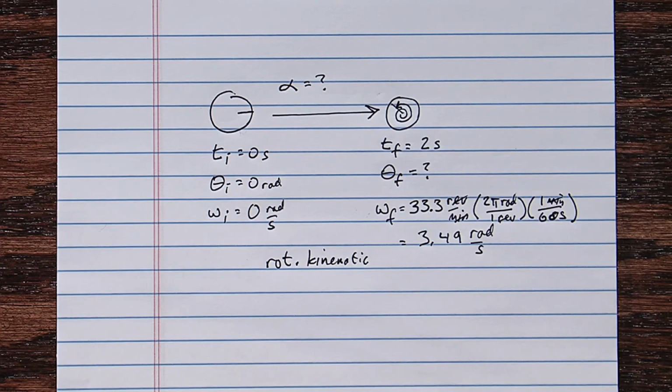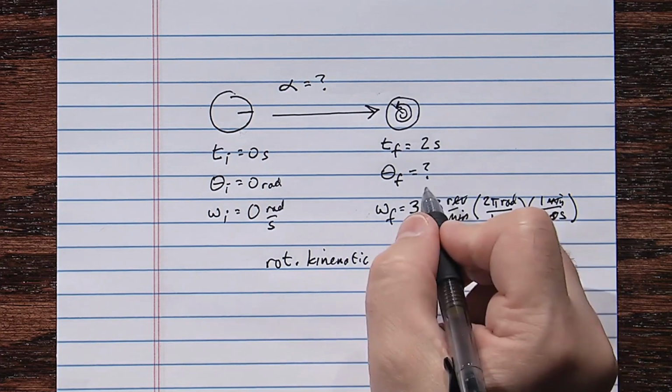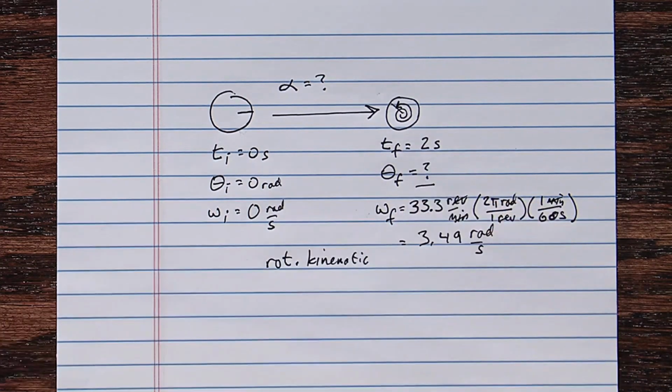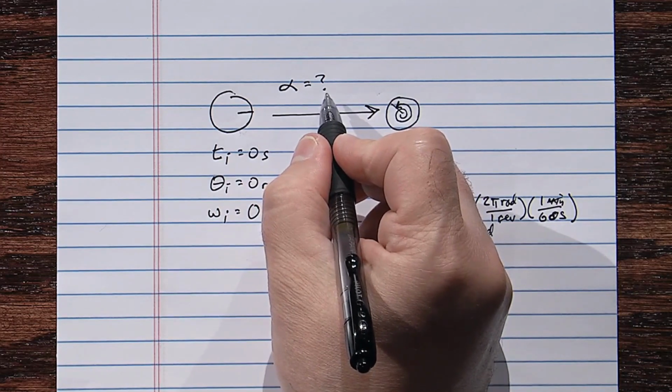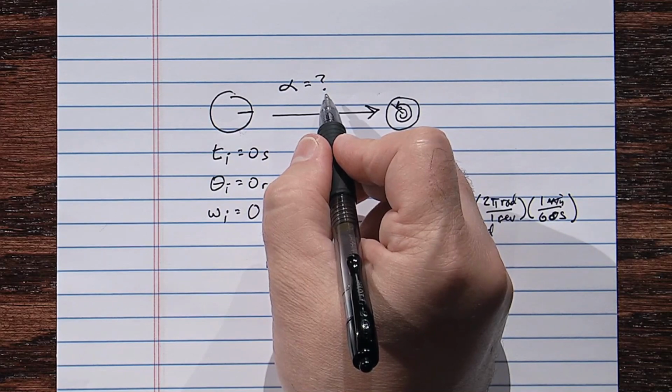Now we have 4 rotational kinematic equations to choose from. We choose our rotational kinematic equation based on what we don't know and don't need to know. What we don't know is theta final. Now, we do need to know theta final because that's what we're being asked for. We don't know angular acceleration, and we don't need to know angular acceleration. We're not asked for that.